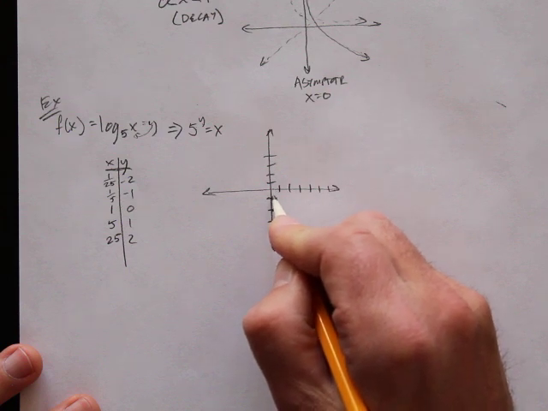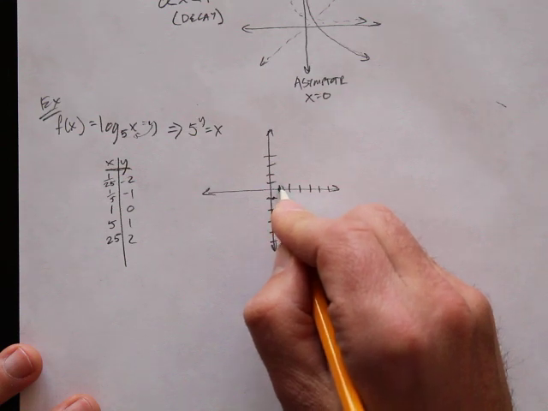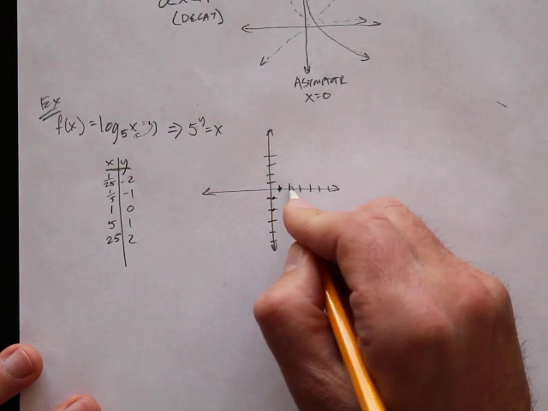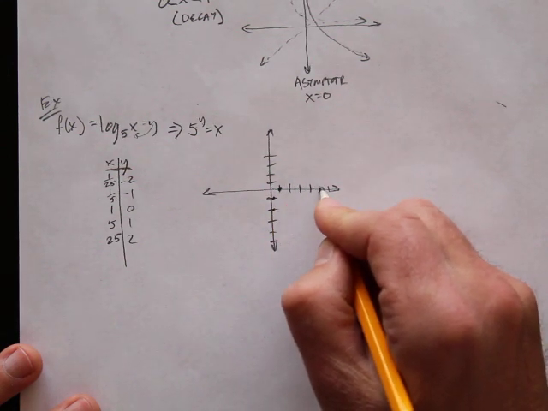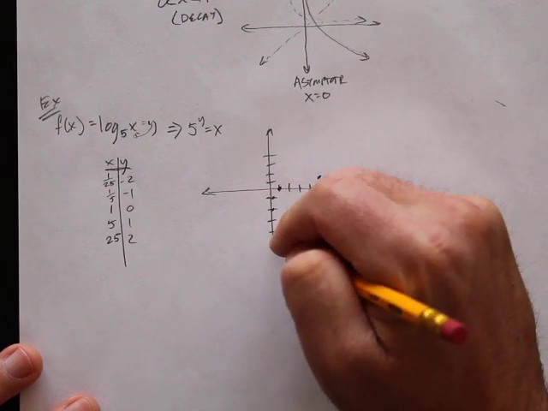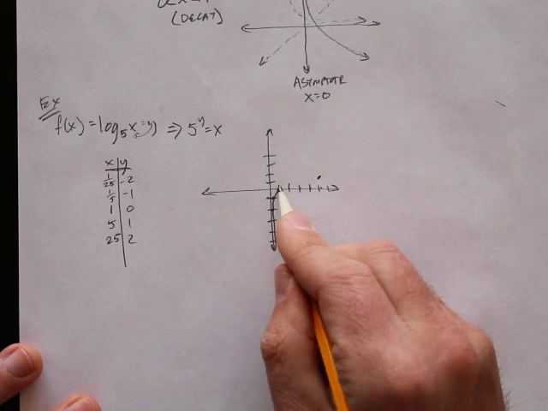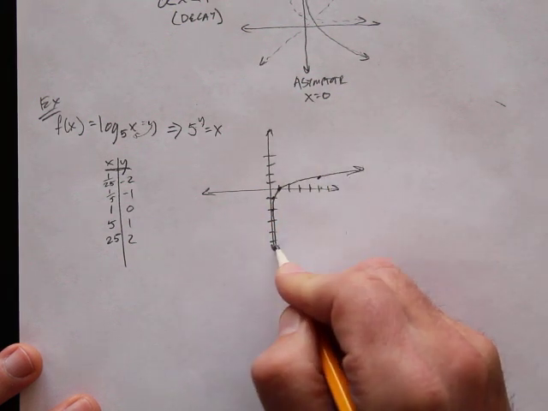So that's still very, very close. When x is 1, y is 0. When x is 5, y is 1. And then with 25, it's 2. So I'm going to draw this coming up like that. There it goes.